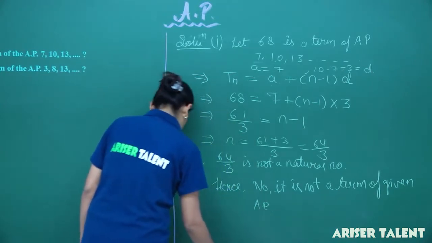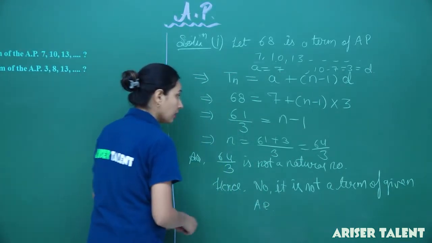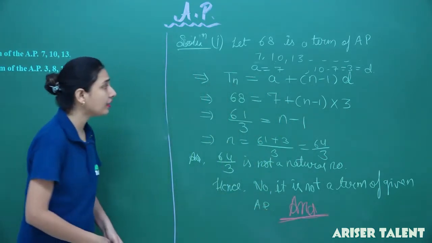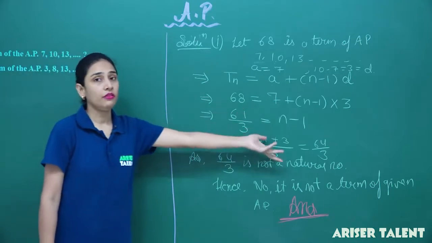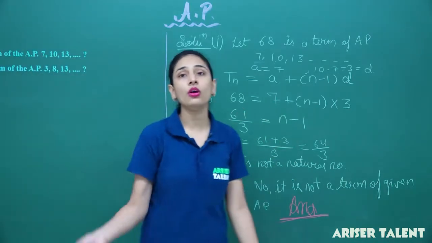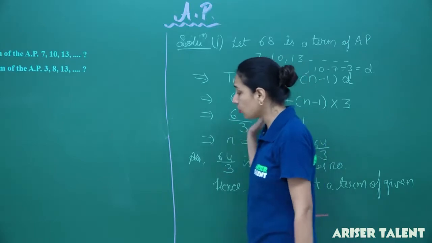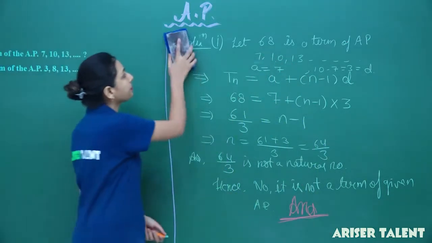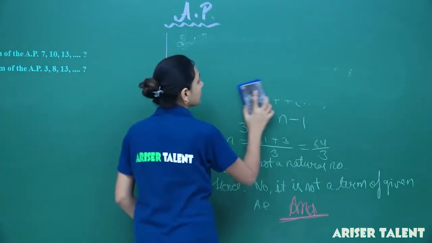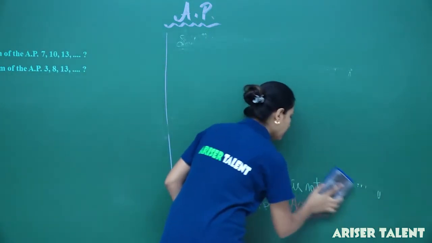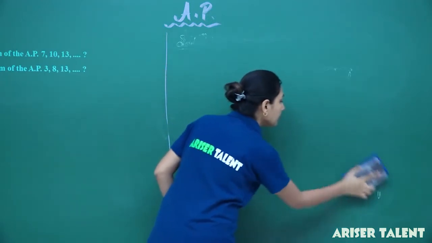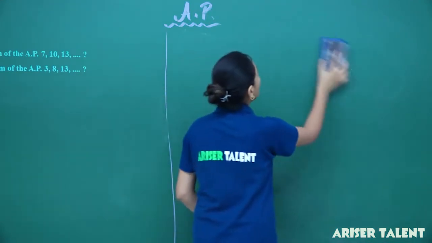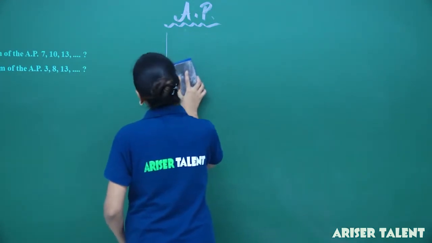Is this very simple or not, students? We just have to find the value of n and examine whether it belongs to the natural number set or not. It's not, so the answer is no. Students, I've told you that you have to learn the properties very carefully.